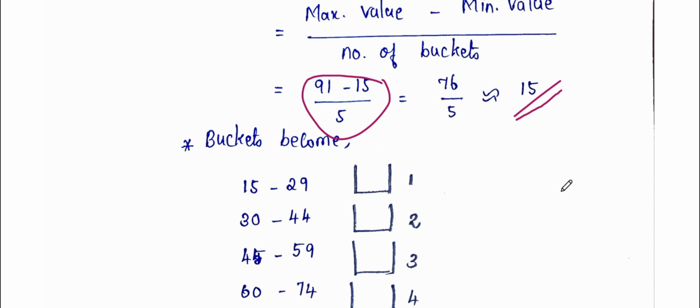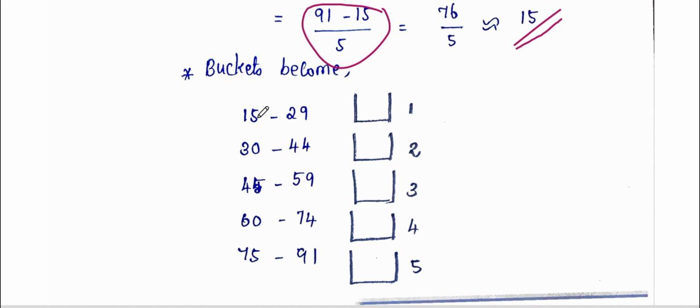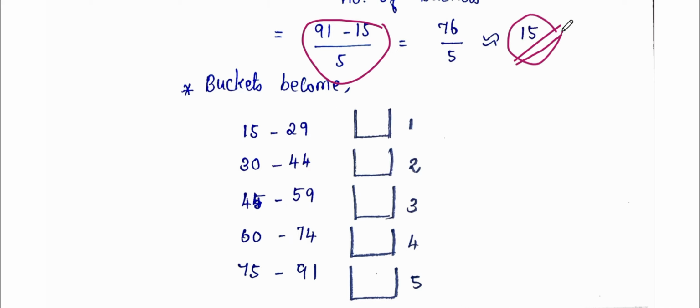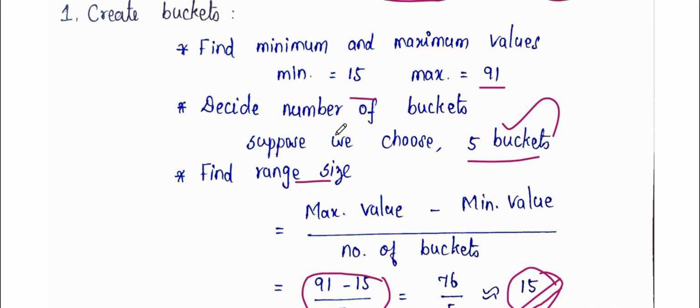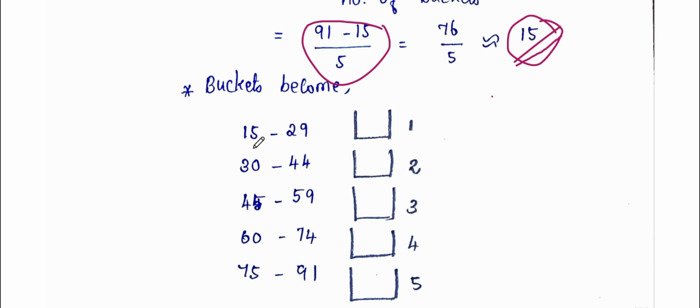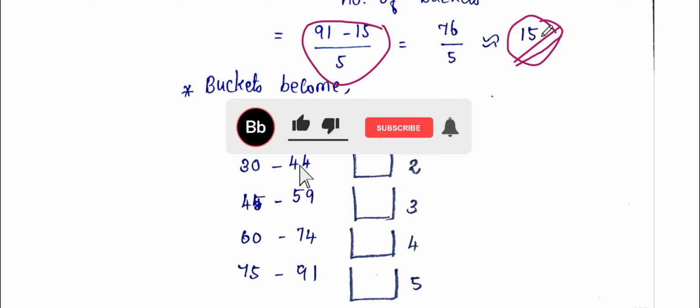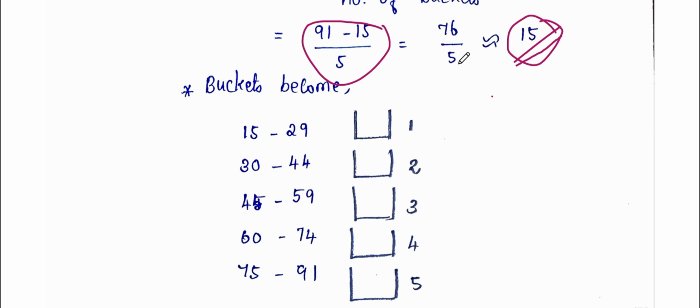Likewise you create the buckets. Buckets start with the minimum element, that is 15. Each bucket contains approximately 15 values, because with the formula max minus min divided by number of buckets, we approximately get 15.